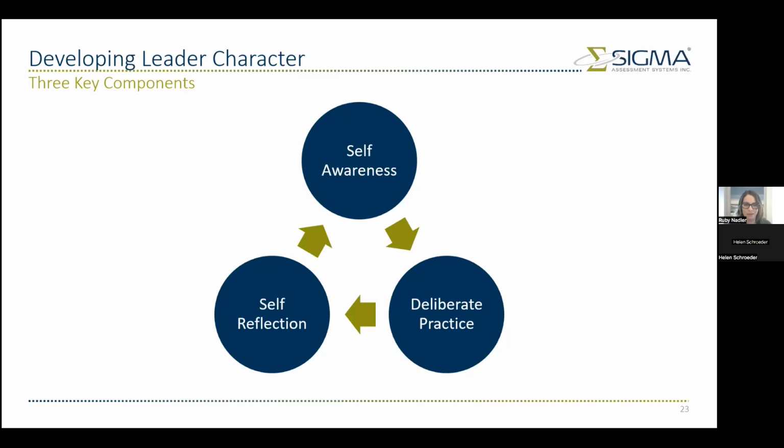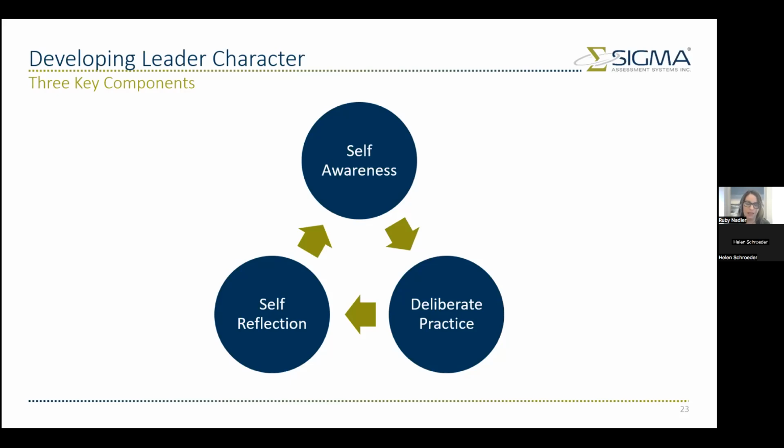In the prior webinar I gave earlier in the year on character, I talked a little more at length about this, but basically, if you want to identify your strengths, if you want to work with leader character, right, these three processes are really key. So you need to have some self-awareness, right? And take a look at yourself and your behavior and how you show up. You have to engage in some deliberate practice, right?